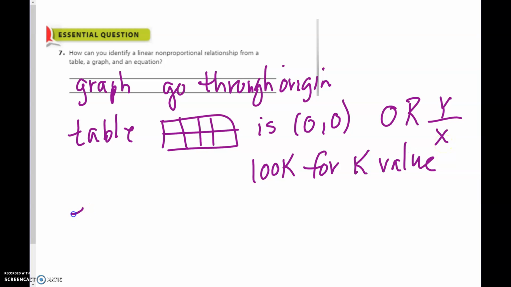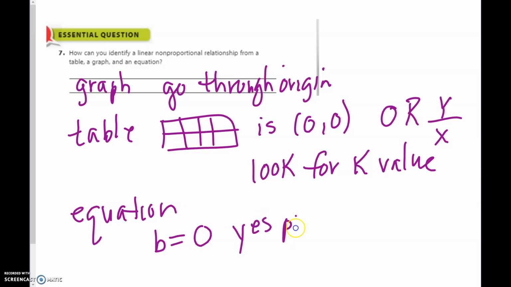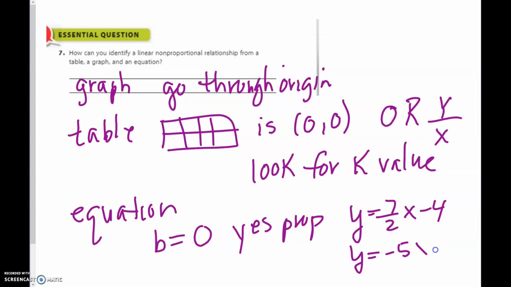And the equation way that they're having you do it, when we look at the equation, we're looking for, does b equal 0? Then yes, proportional. Okay, so y equals 7/2 x minus 4, or y equals -5x.